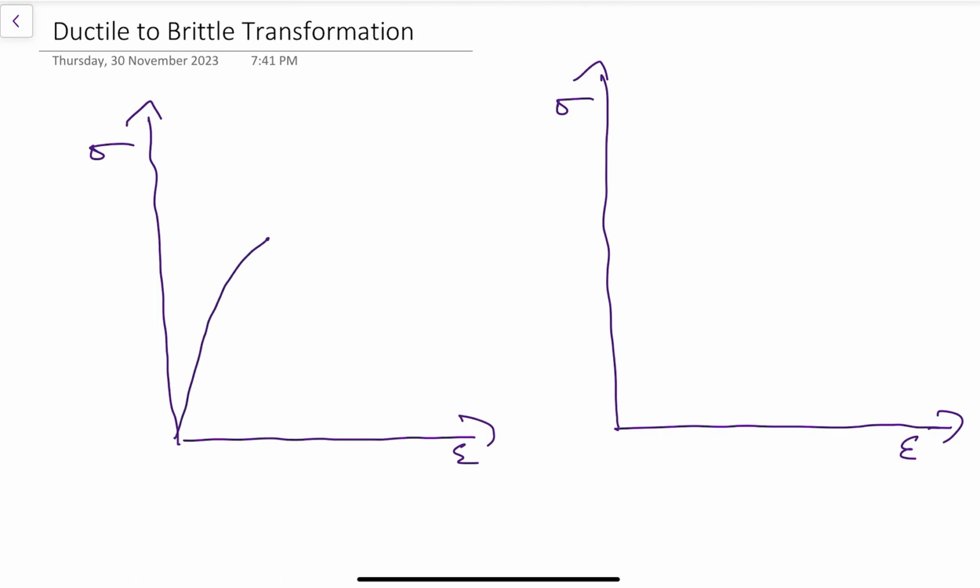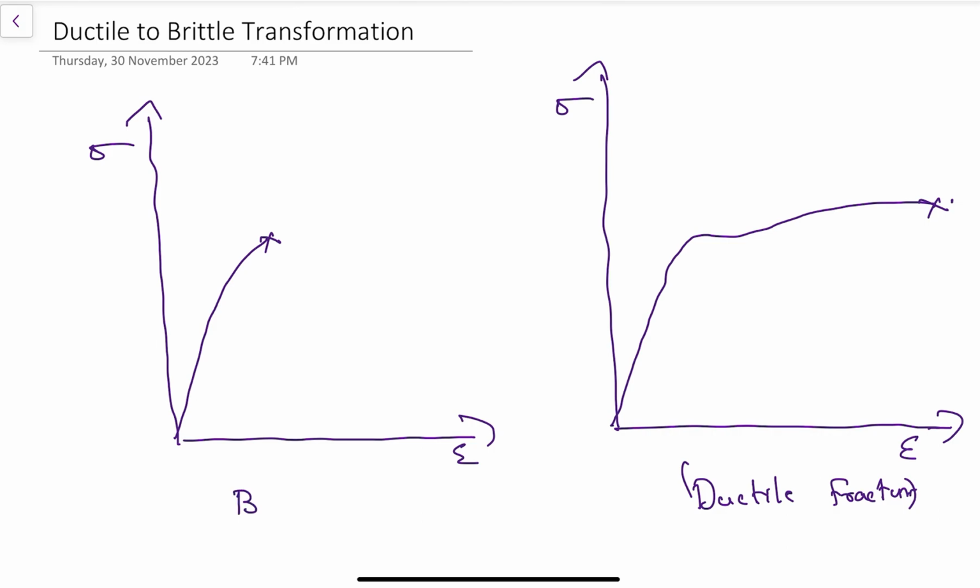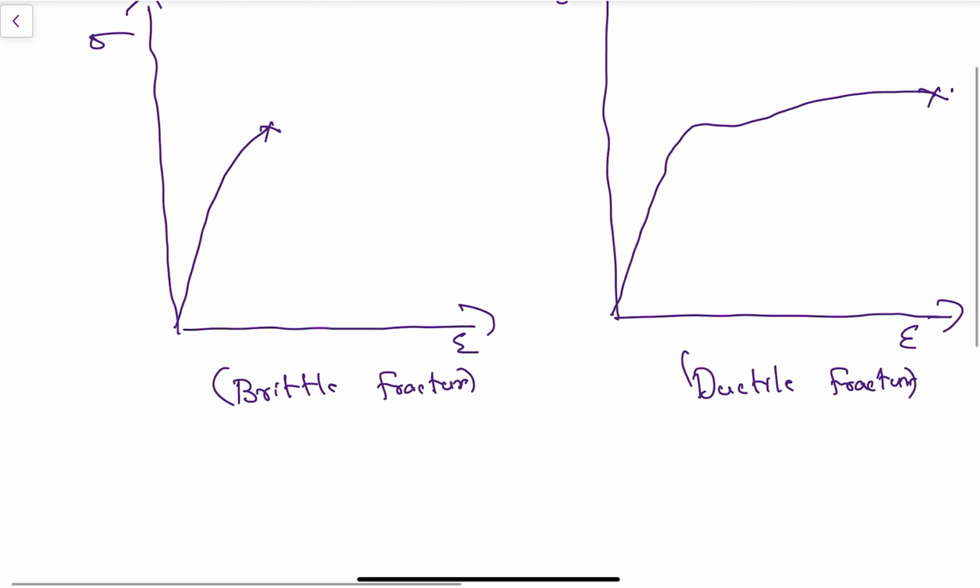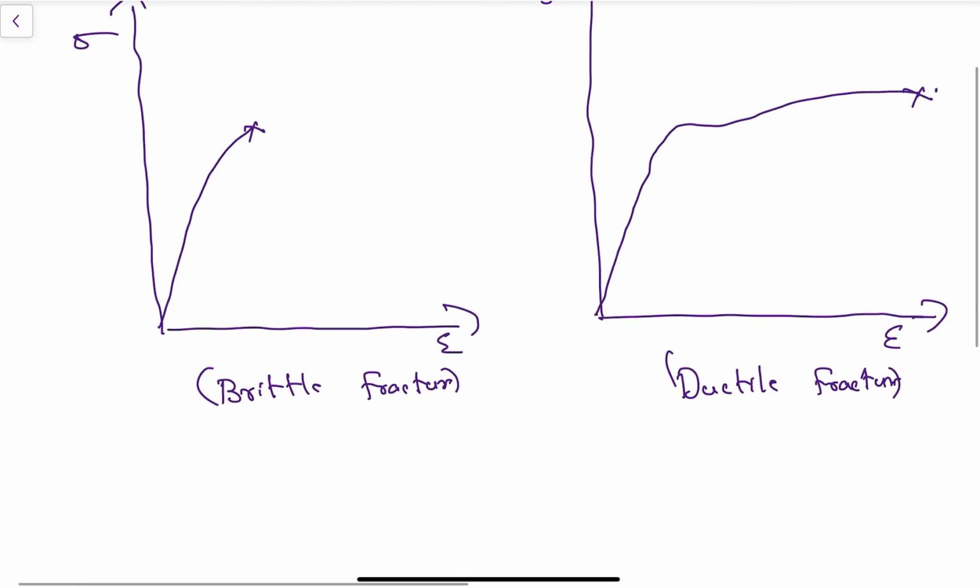And here you have the ductile fracture. Okay, this is the ductile fracture. And here you have the brittle fracture. Towards here you have very little plastic deformation.